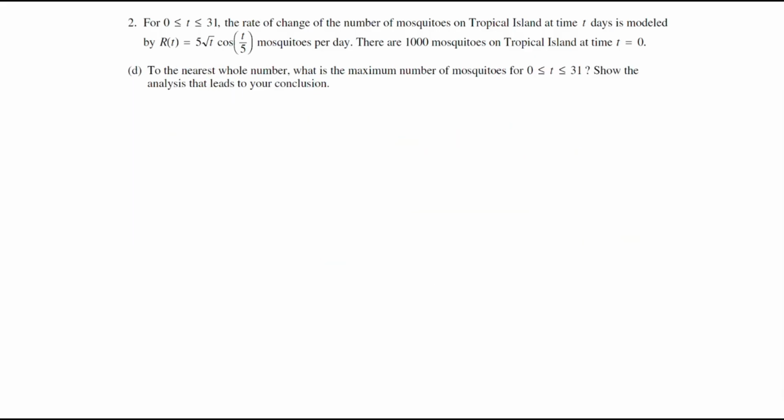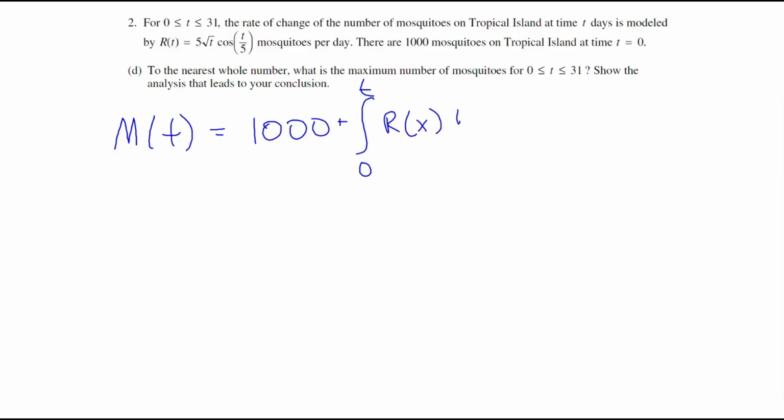In part D, it says, what is the maximum number of mosquitoes on this interval from 0 to 31? So we need to see when the derivative of the function representing the number of mosquitoes is equal to 0. The function representing the number of mosquitoes is the 1,000 plus the integral from 0 to t of that rate function, so the derivative of that, m prime, is just r of t.